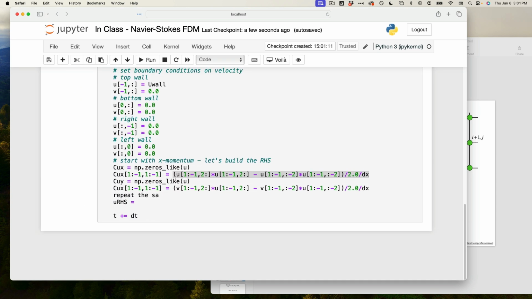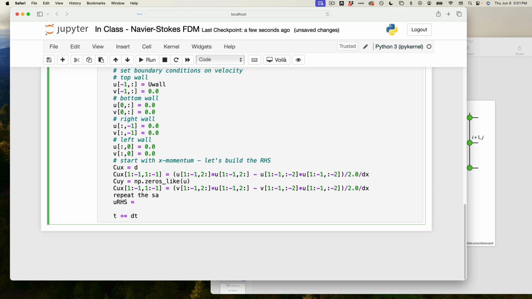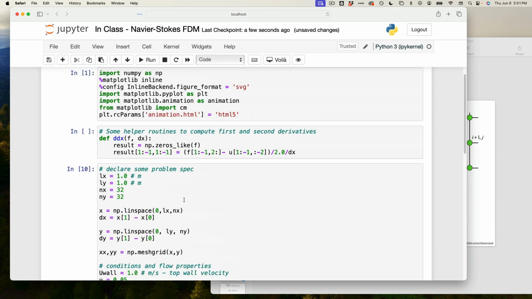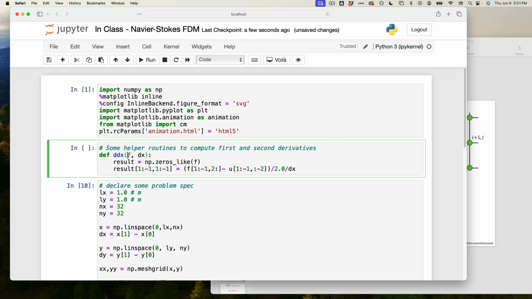So now really my cux is nothing more than d dx of u times u, with spacing dx. Agreed? That makes sense? So that's d of uu by dx. Once it comes here, this f is going to be uu, and it's going to do the job for me.